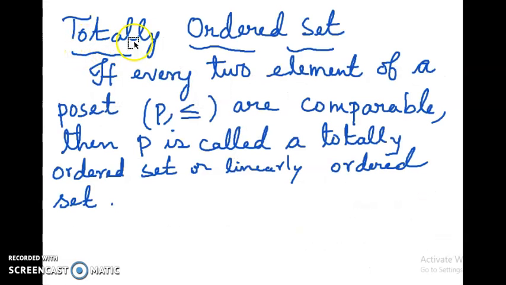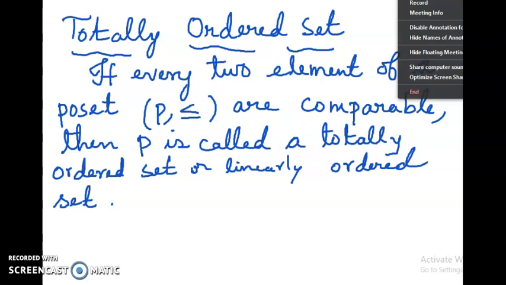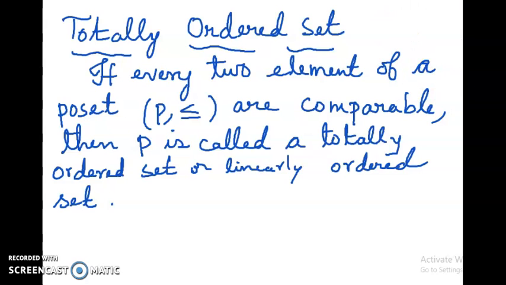Next definition, totally ordered set. If every two elements of a poset P, less than or equal to, okay, we have learned what a poset is, are comparable, then P is called a totally ordered set, or otherwise called a linearly ordered set.